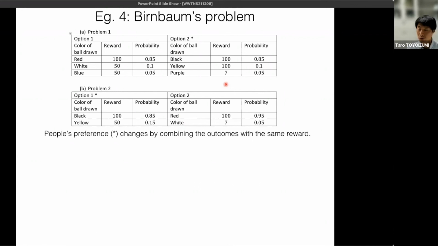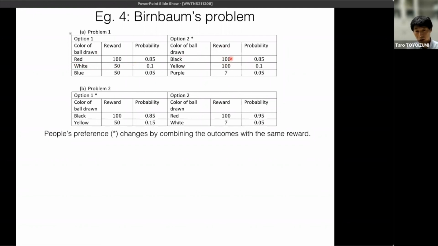In order to test that, this problem has some outcomes that lead to the same reward. So whether you get a white ball or a blue ball, you get the same outcome of 50. And here too, regardless of the color black or yellow, you get the same reward 100.